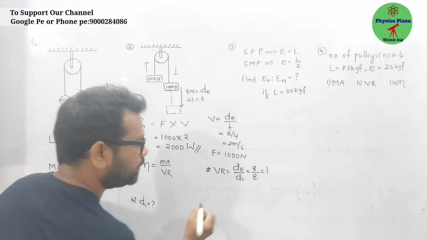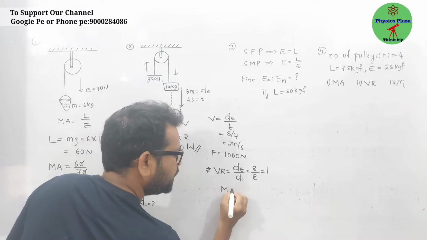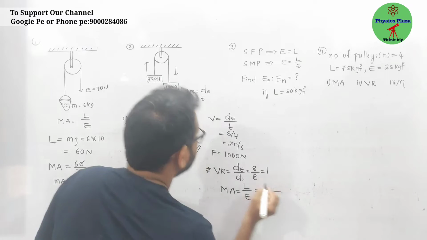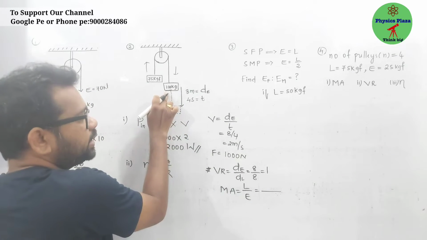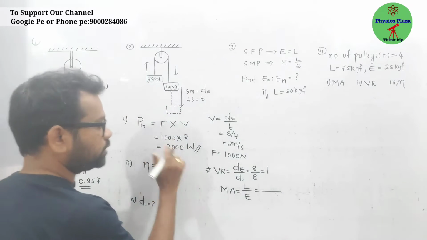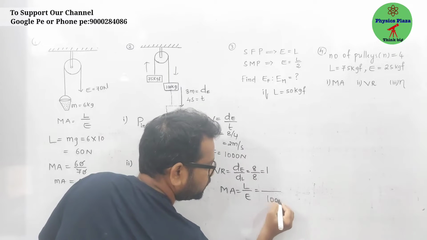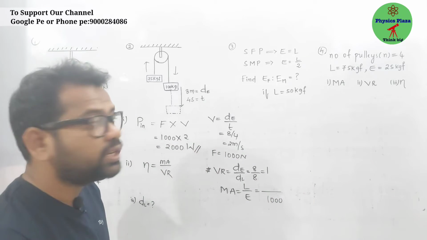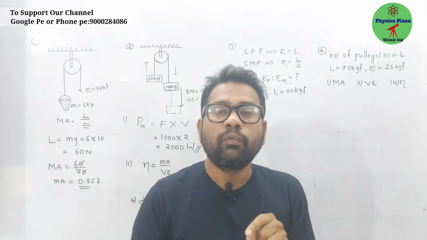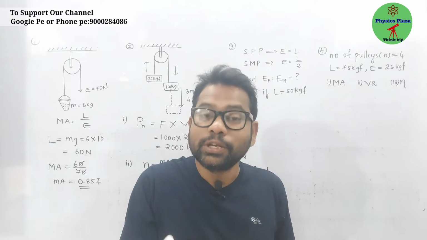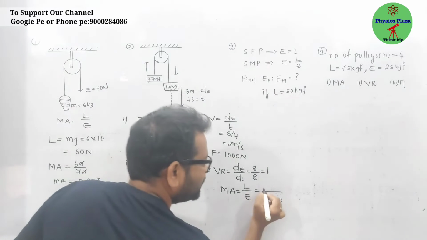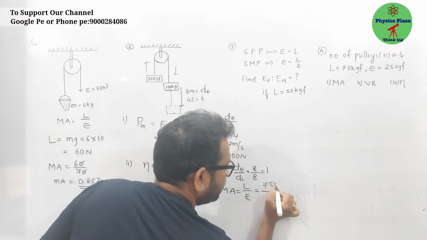Then what about mechanical advantage? Mechanical advantage is equal to load by effort. Effort is already calculated: 100 kg, the force of gravity, is 1000 newtons. But how much is the load? 75 kgf, and we have to convert into newtons. 1 kgf is equal to 10 newtons, so 75 kgf is 750 newtons.